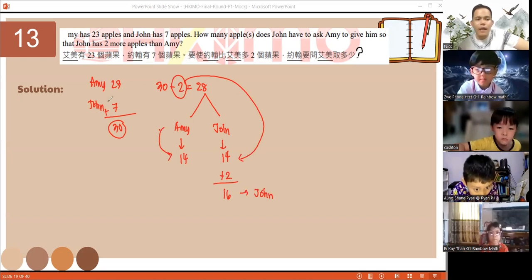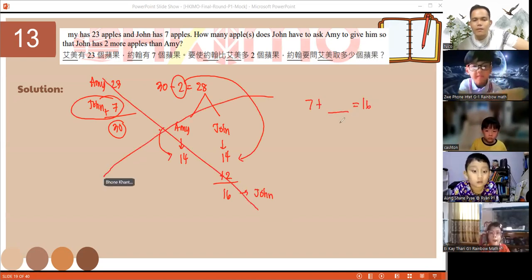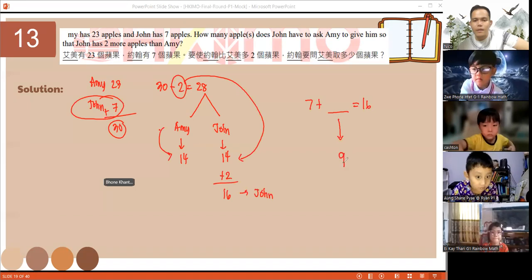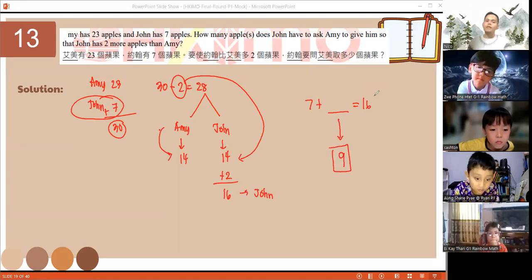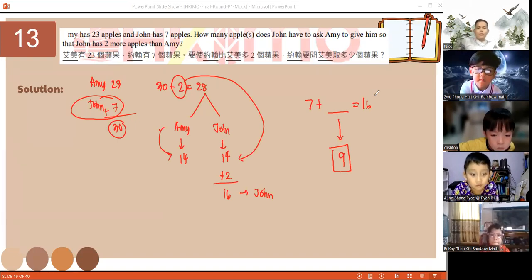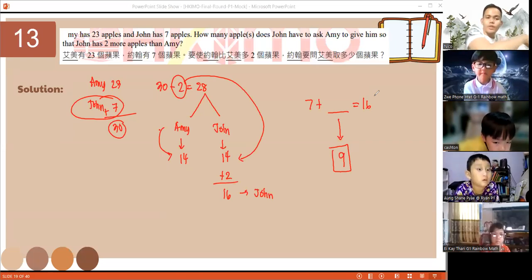Take note that John has 7, right? So meaning 7 plus blank is equal to 16. So the value for blank here is 9. So the answer is, John will ask 9 apples from Amy and Amy will give 9 apples to John.